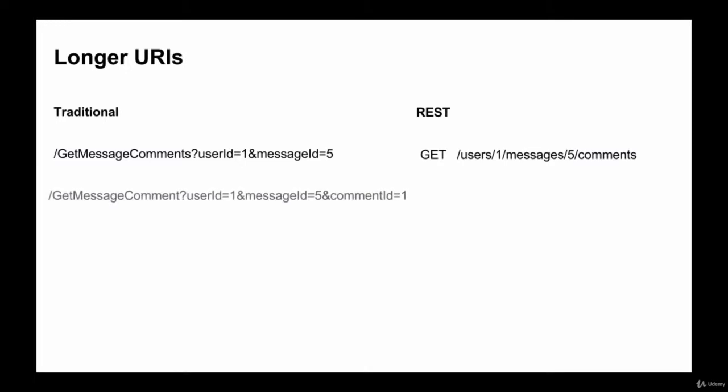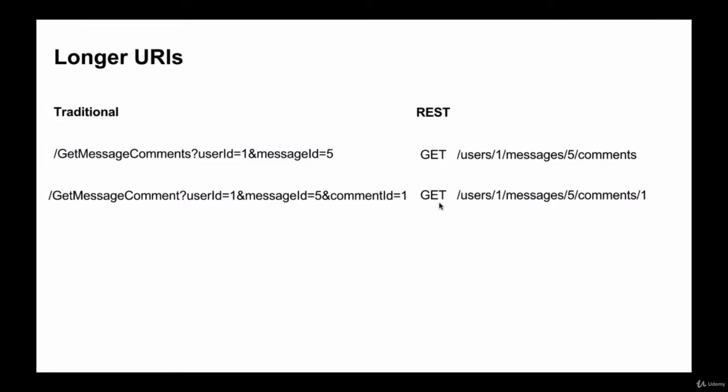Let's look at another example where we need to get a specific comment under that message. So in a traditional way, we will again send in user ID and then message ID, and then we will need to provide a comment ID. But if we follow the RESTful style, we will send an HTTP GET request, and then we will follow through users, the collection of users, and then a specific user, and then messages, and a specific message, and then comments, and then the resource of a specific comment by providing the ID as a path parameter rather than a query string.